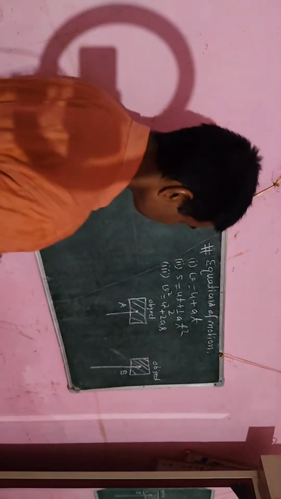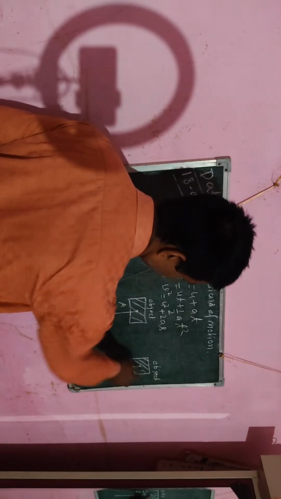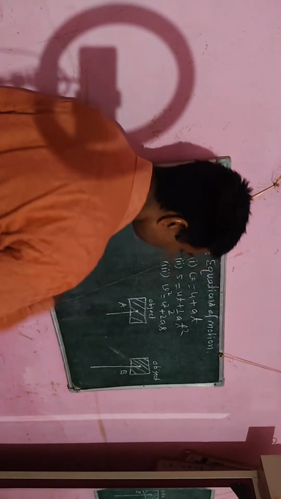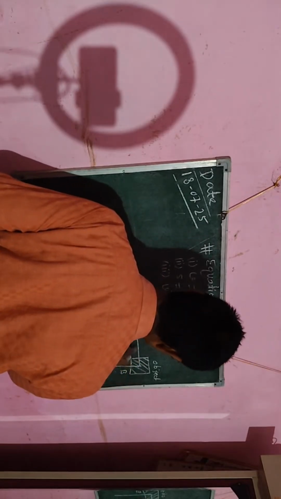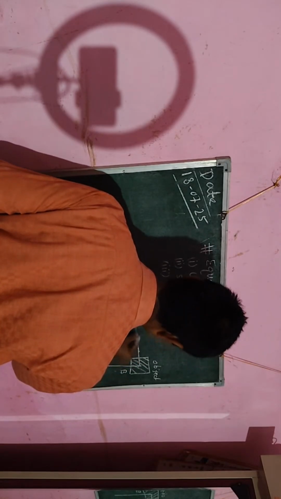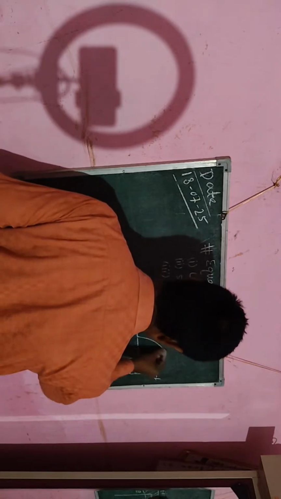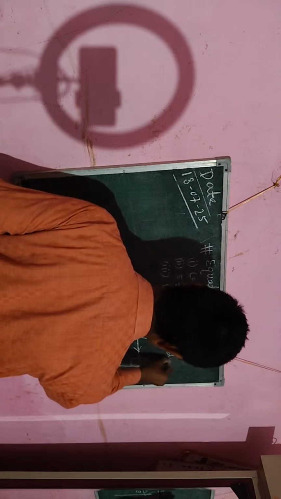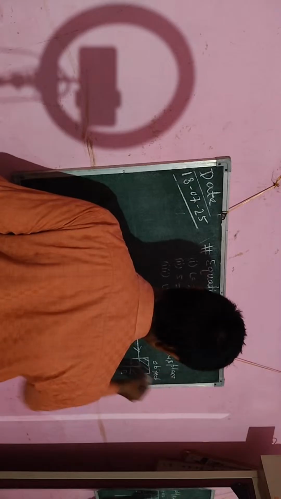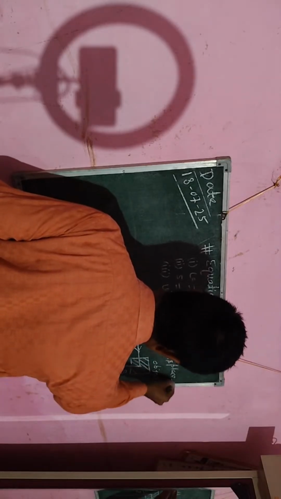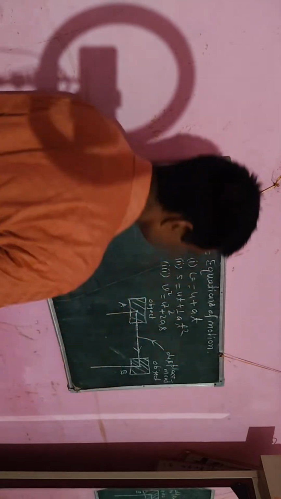Now this object, which is moving from point A to point B in a horizontal line, that is in a particular direction. In that particular direction I will say displacement. So here I will say this is the displacement.